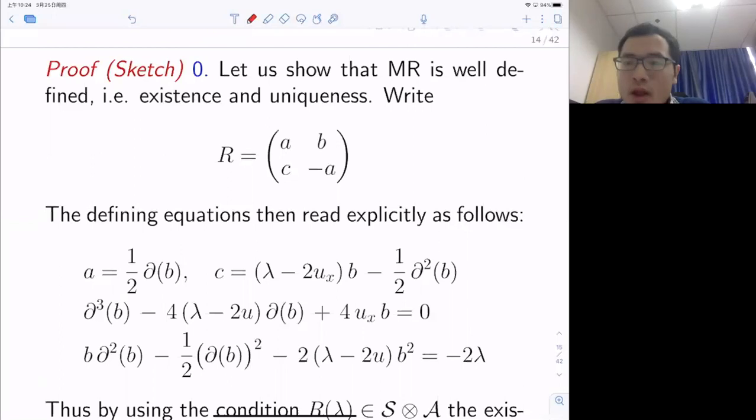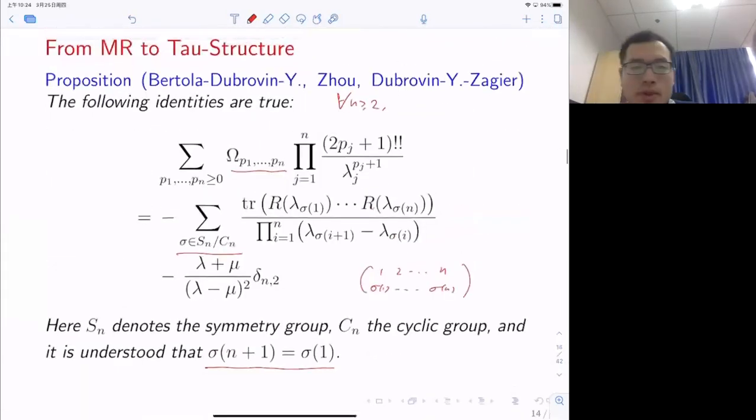In the 0th step of this proof, whenever we prove an identity, we need to first prove that each side, the left-hand side and right-hand side, are meaningful objects.